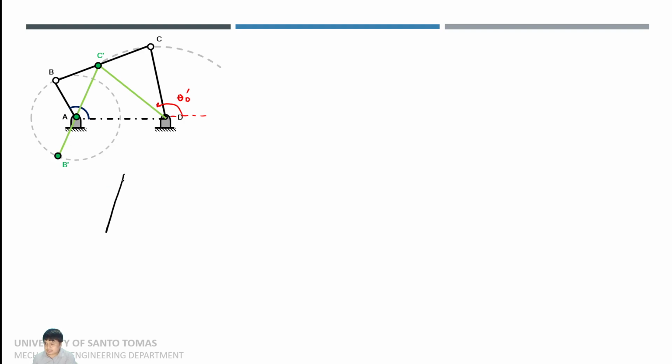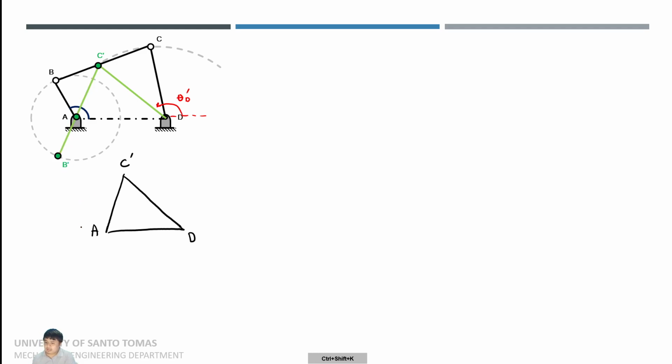You have this configuration right here, and you have this triangle. This will be C prime, this will be point A, and this will be point B. So the CA here will be the difference between BC and AB. So to get AC, you can subtract this and this one.